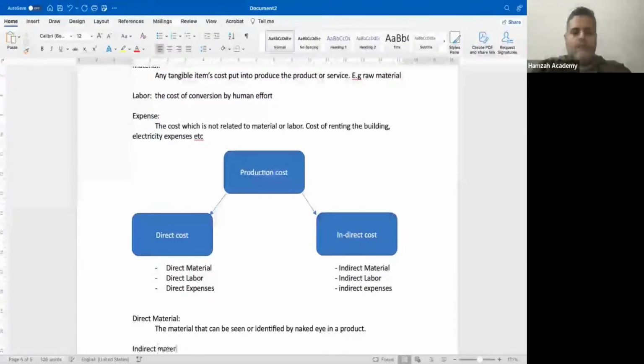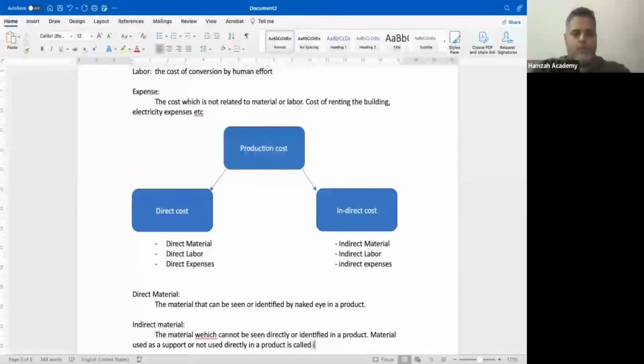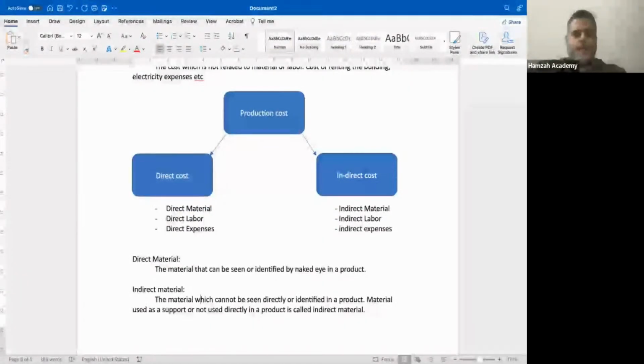Whereas indirect material is the material which cannot be seen directly or identified in a product. Similarly, the material used as a support or not used directly in a product is called indirect material, right? So we have the differentiation between direct and indirect material as well.